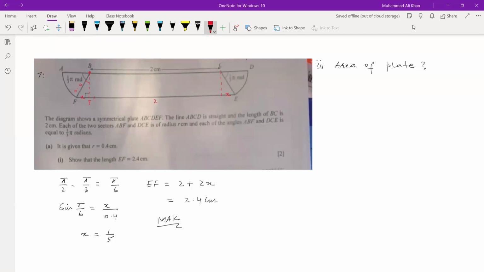Here it is 2, but we don't have the length BF dash, but we can find it by using cos theta. And then add all of them. By that, we'll get the complete area of the plate.